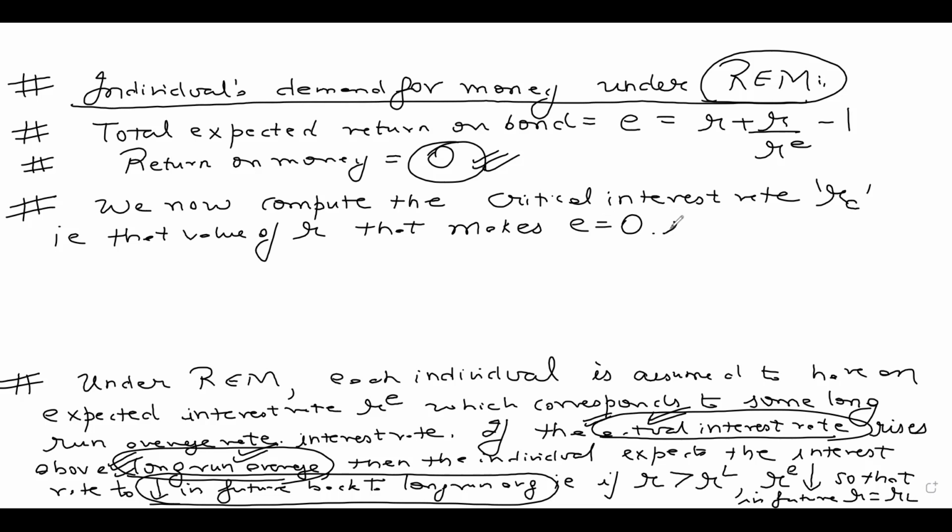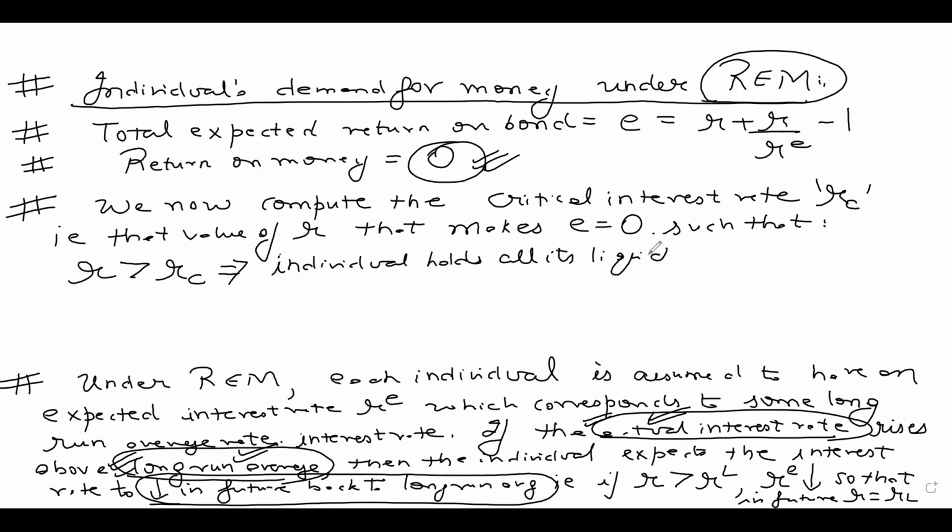Okay. Such that when R is greater than the critical interest rate, the individual holds all its liquid wealth in the form of bonds.